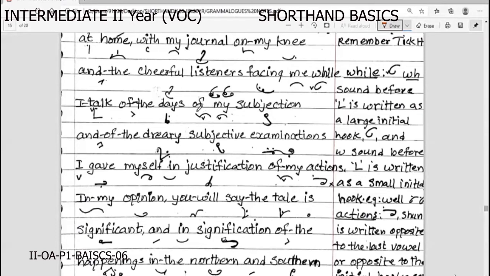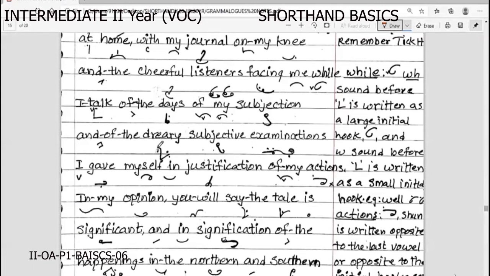Of my, one tick of I to M. And of my subjection. Subjection is circle S to be sub and jection. Shun sound, you put the shun hook opposite to the initial attachment. Here it's a very good, interesting joining. And of the. You're going to write like this.